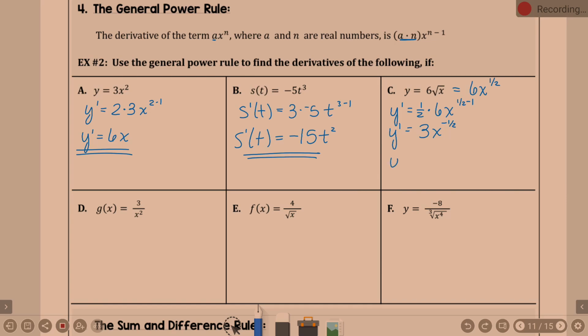How are we going to express this answer? Three over x to the 1/2, which can become, what's another way to write that? 3 over square root of x. I'm not saying you have to put it back in the square root form, but sometimes you want to. Are we okay with that?